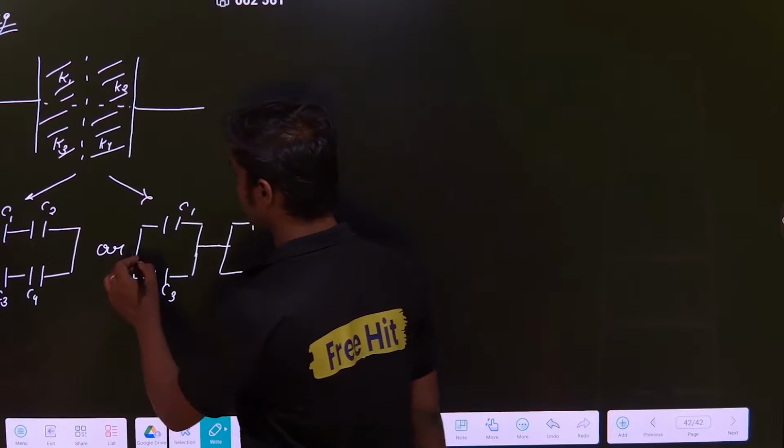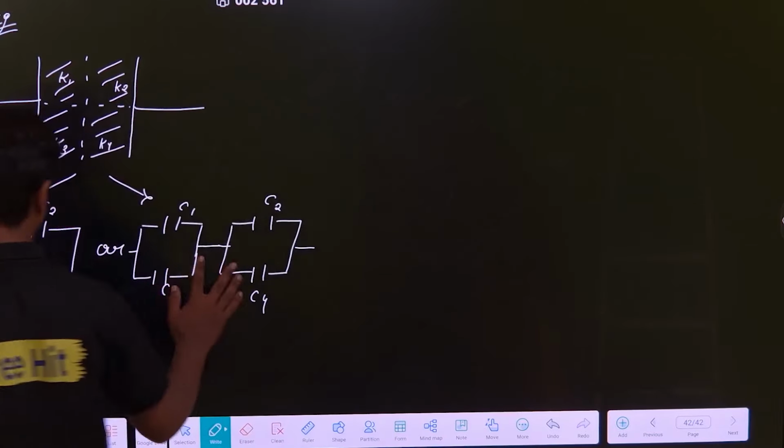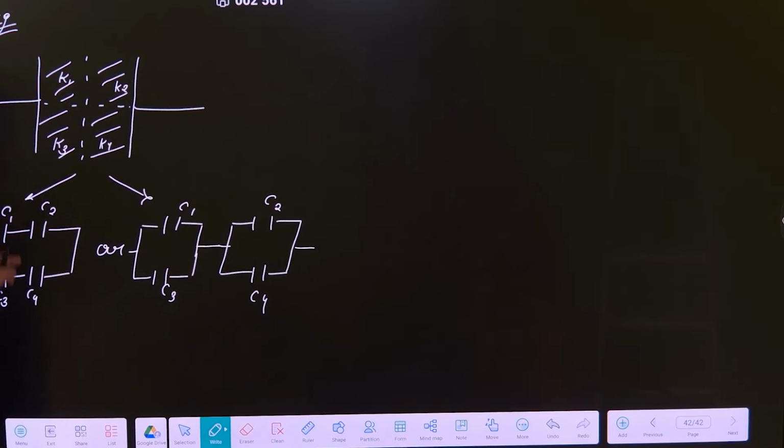Okay, I want to know which one is correct. This one is correct or this one is correct? Whether you will break it in this form or in this form. Which one is correct?